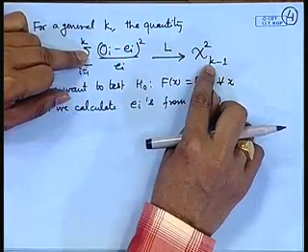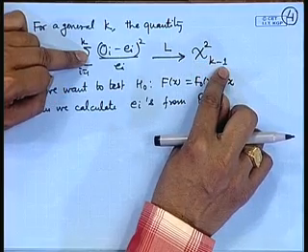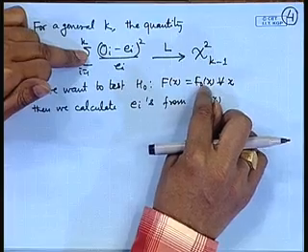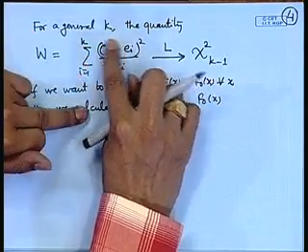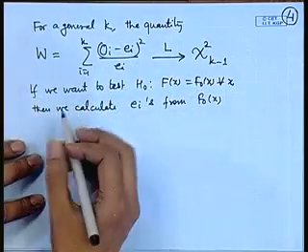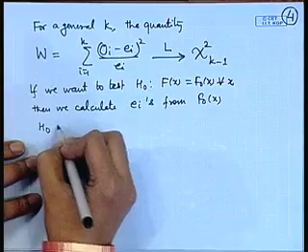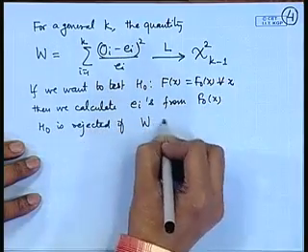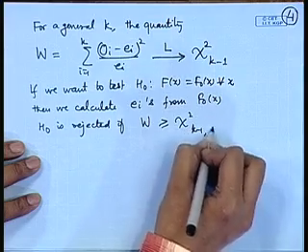Therefore, by comparing with the tabulated value of a chi-square distribution on k minus 1 degrees of freedom, we can test whether H naught can be rejected or cannot be rejected. If it is not true, then these differences will tend to be large, so the value of W will be large. So, the test: H naught is rejected if W is greater than or equal to chi-square k minus 1, alpha.